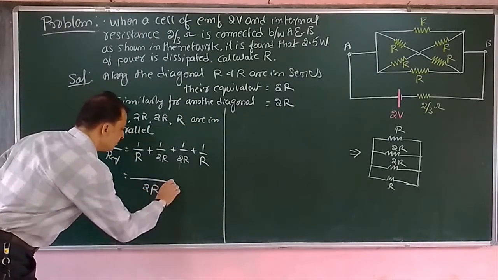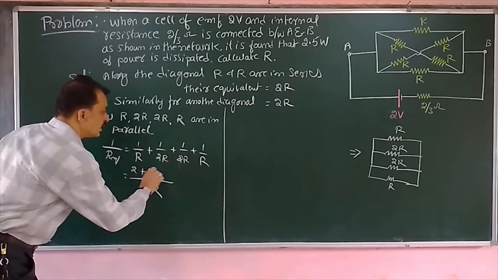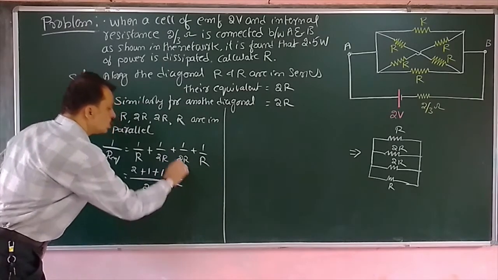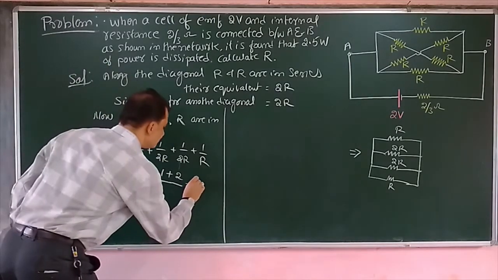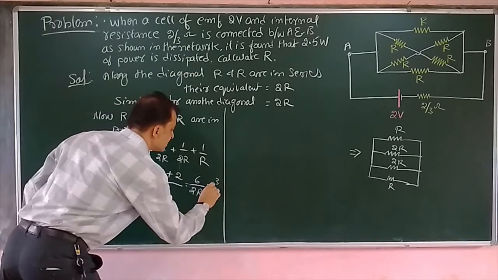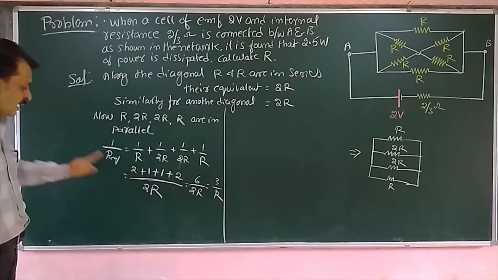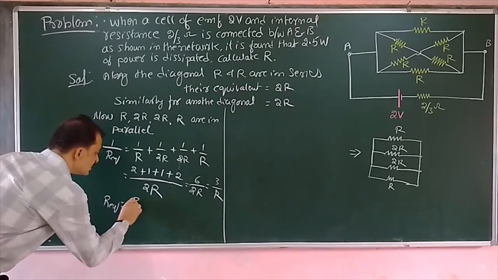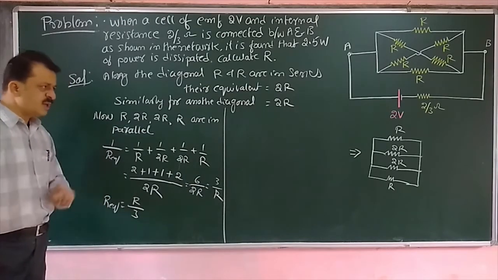Now here it is 2 plus 1 plus 1 plus 2. Now it is 6 by 2R or it is 3 by R. This is 1 upon R equivalent. Therefore R equivalent becomes R by 3.